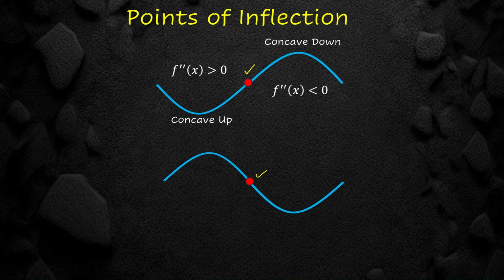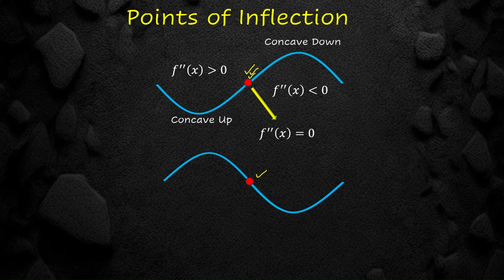Now note that as this is the point of inflection, therefore, at this point, the curve is neither concave up nor concave down. Therefore, at this point, the second derivative must be 0.